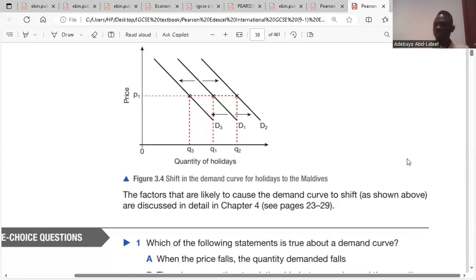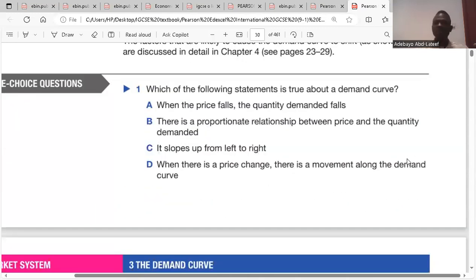Is it clear? Yes. So a shift in the demand curve would be as a result of a change in a non-price factor such as income. Is it clear? So that takes us to the MCQ question. It said, which of the following statements is true about a demand curve? Can you answer that?